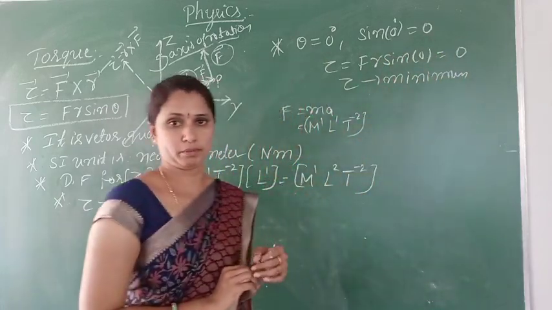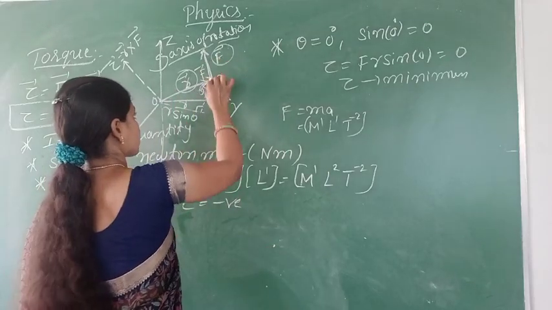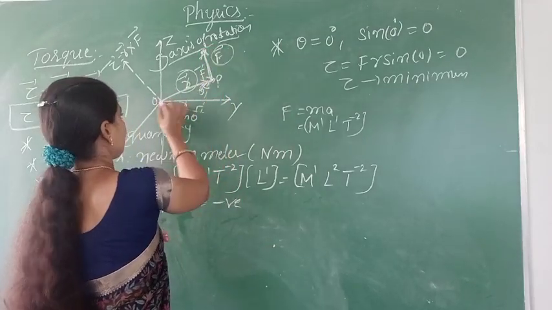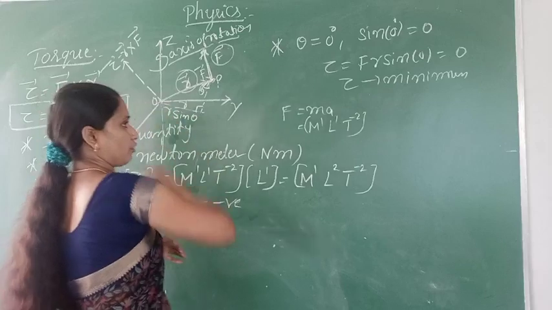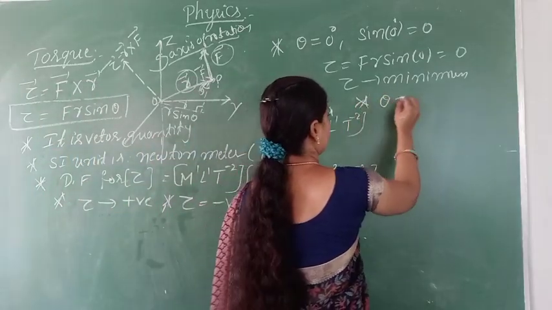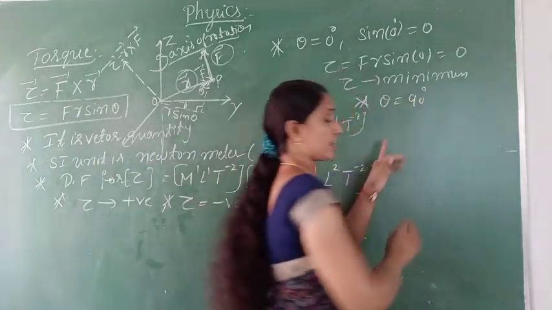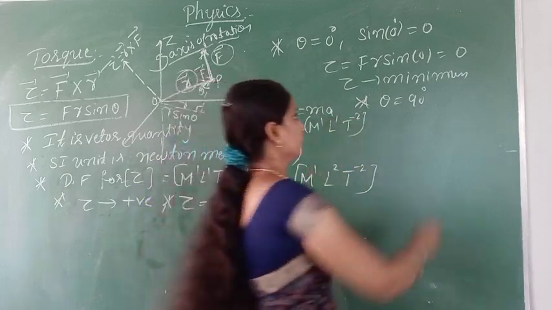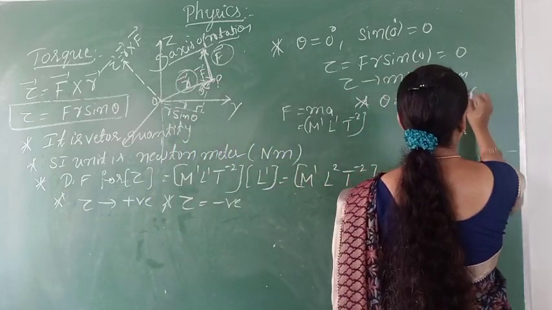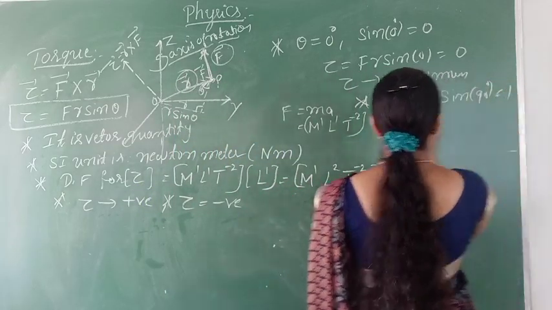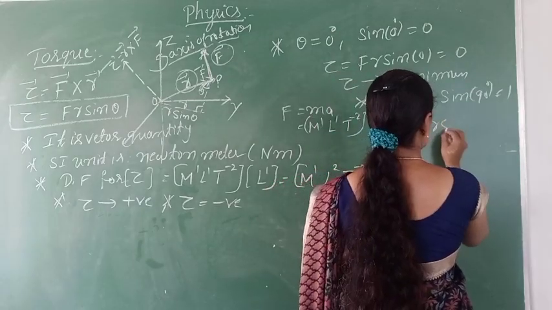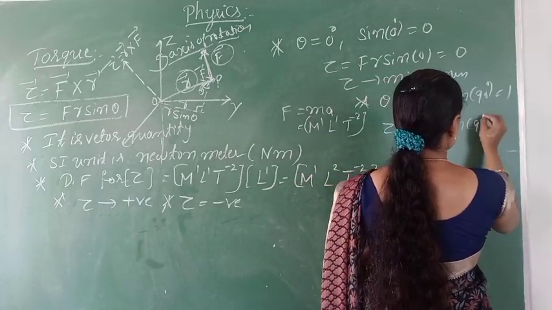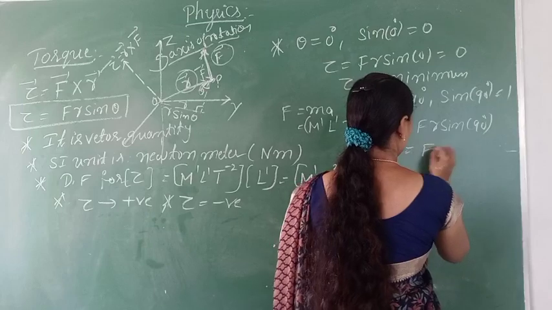Tau becomes minimum. Clear? Suppose the line of action of the force is always perpendicular to the r vector, then theta is taken to be 90 degree, and sin 90 degree is 1. So tau is equal to F r sin 90 degree, that is tau equal to F into r.